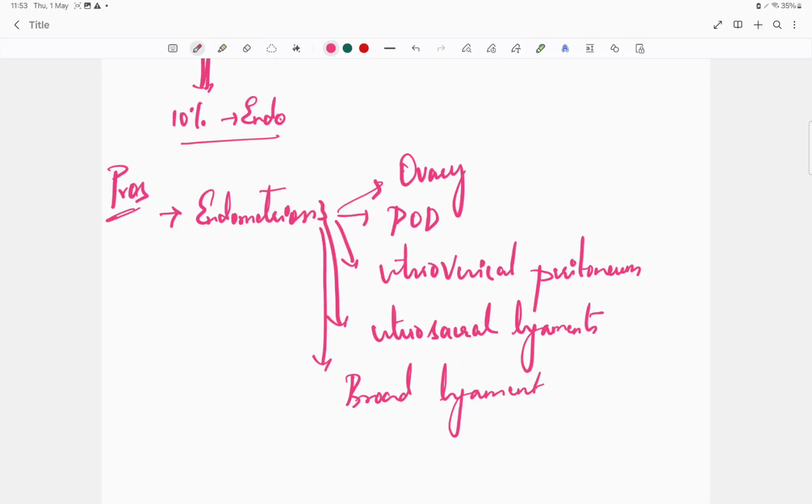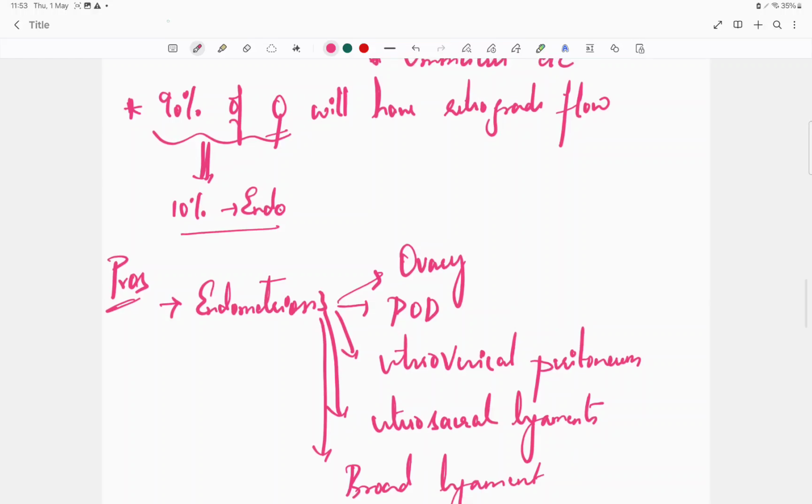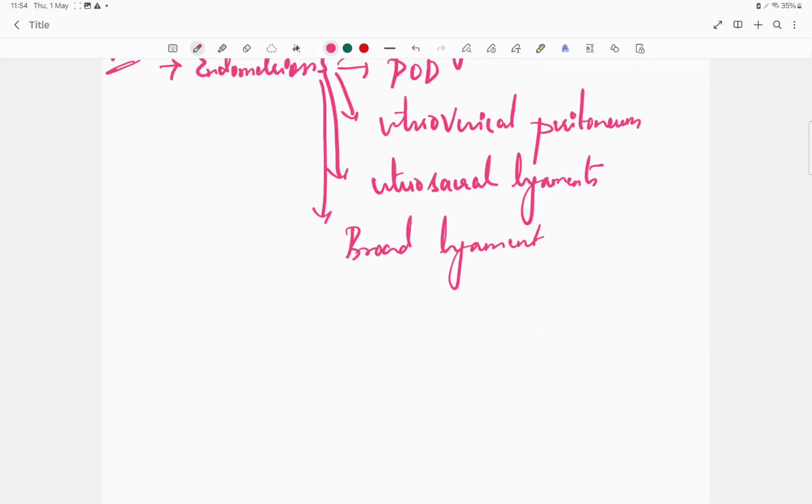So if there is a retrograde flow, obviously all these structures will come in contact with the blood. Then all the endometrial tissue present in the blood will get deposited there, get fixed there, and get penetrated there. So this theory can explain all these things. Okay, so this is about Sampson's theory.